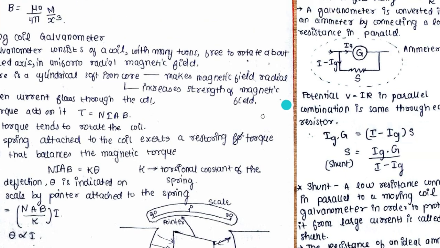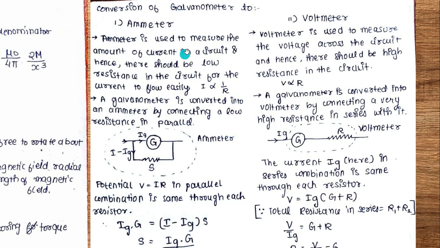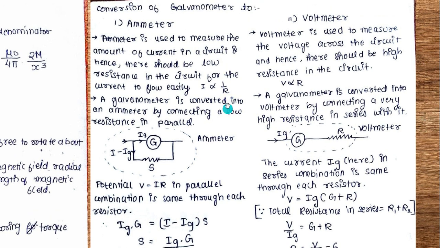Now, coming to conversion of galvanometer into ammeter and voltmeter, this is also a very important question. How to convert a galvanometer to an ammeter or how to convert a galvanometer to a voltmeter. First, what is an ammeter? An ammeter is used to measure the amount of current in a circuit, and hence it should have low resistance.